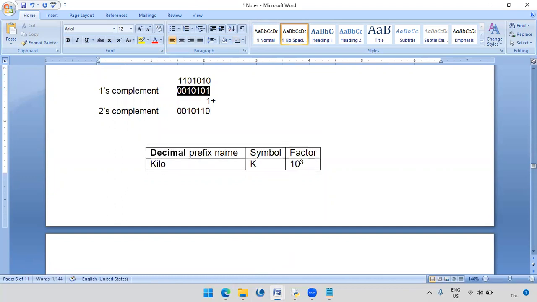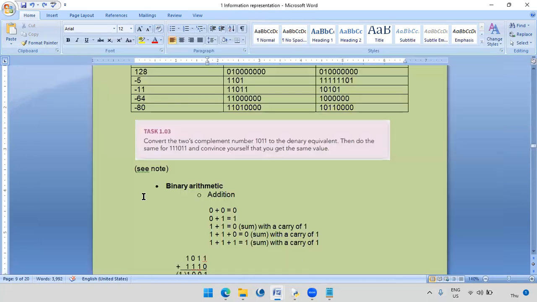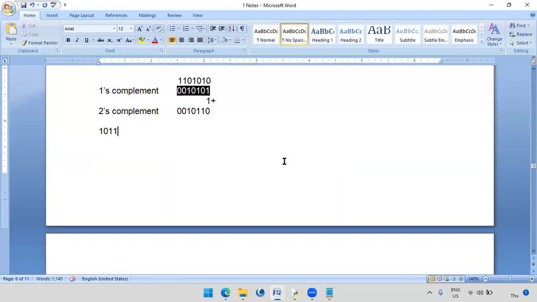It's a question: convert the two's complement number, which is already two's complement, to the denary equivalent. So, how do you do it?